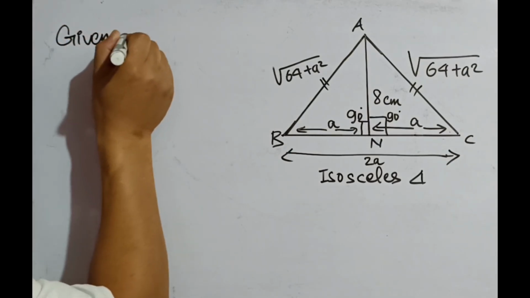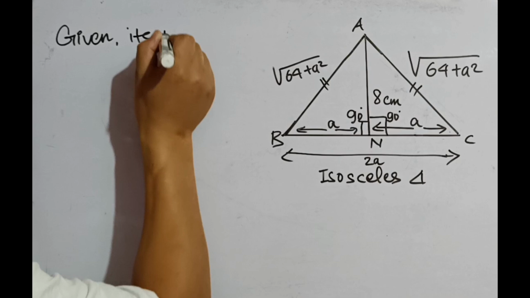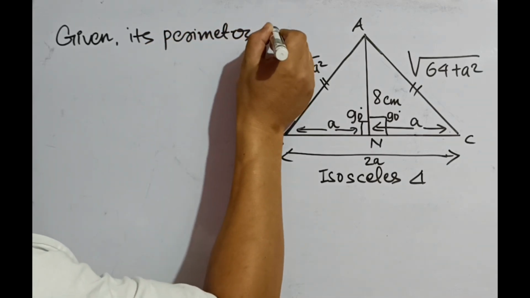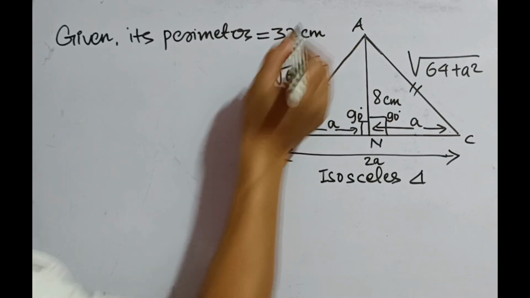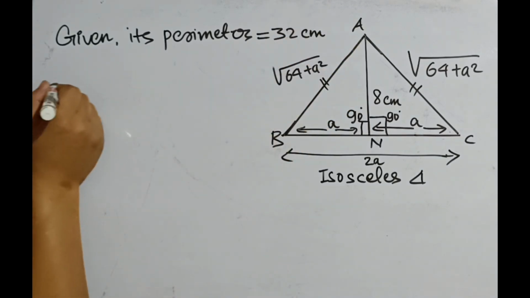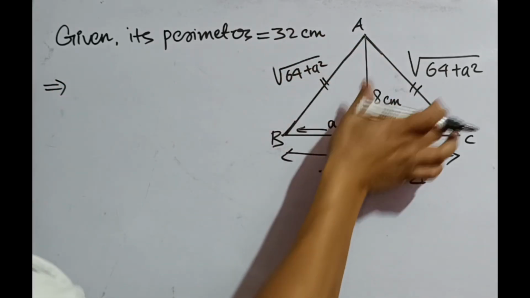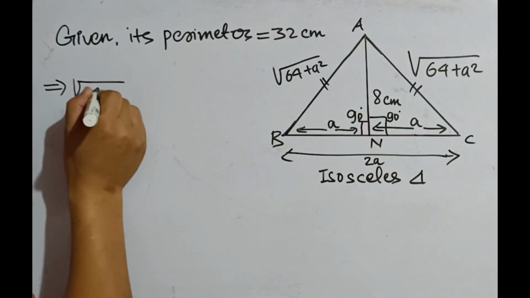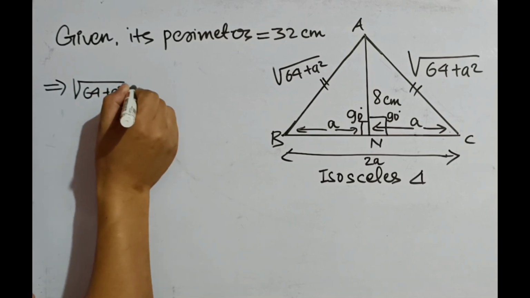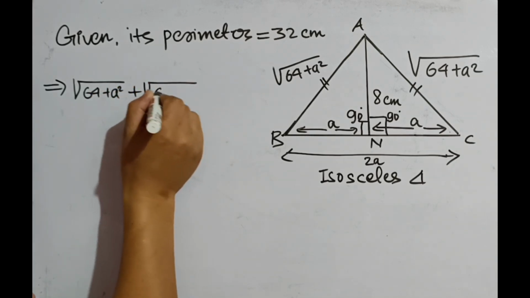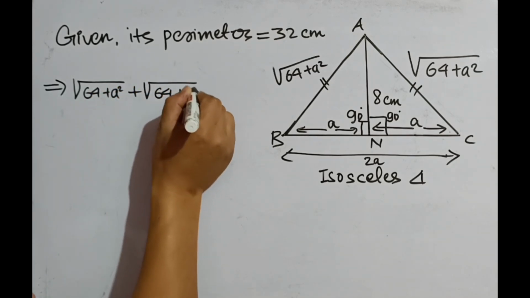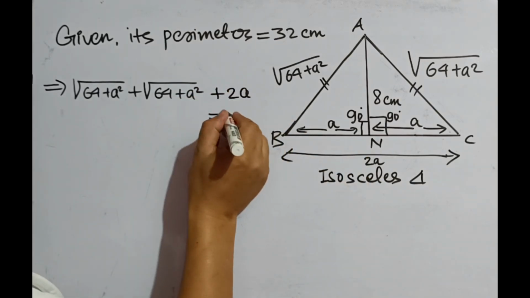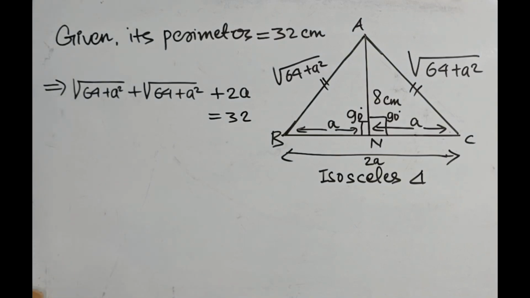Now, it is given that the perimeter of this triangle is 32 cm. From the figure, the perimeter is the sum of these three sides. The first two sides are equal, under root of 64 plus a square, under root of 64 plus a square, and the third side is 2a, and the sum of these three sides is equal to 32 cm.